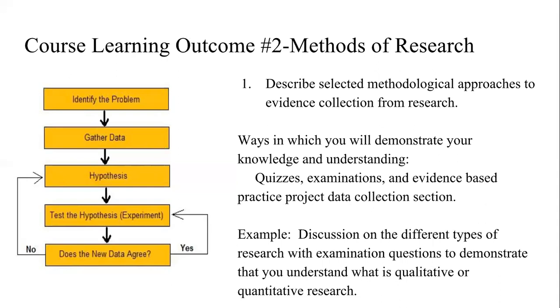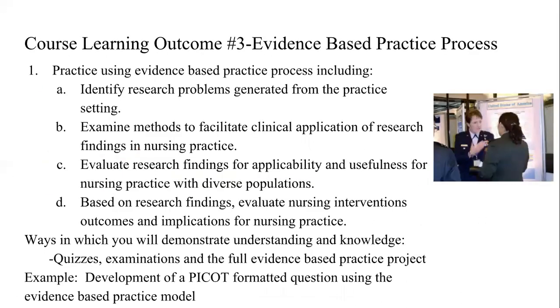How you're going to demonstrate that is through your participation in reaching benchmarks in quizzes, examinations, and our evidence-based practice project, which we'll be completing over the course of the whole semester. Discussion on different types of research with exam questions to demonstrate that you understand what is a qualitative or quantitative research study is an example of one of the ways that you'll demonstrate your understanding.